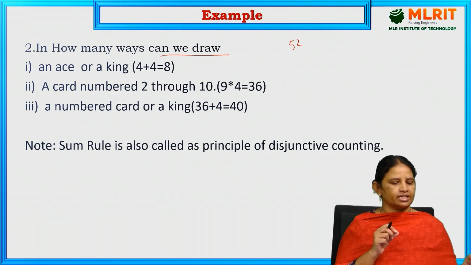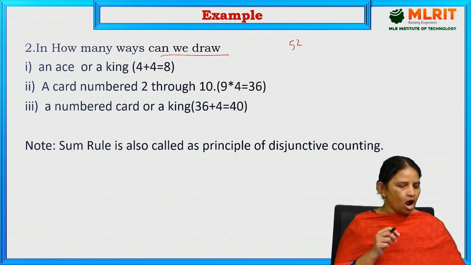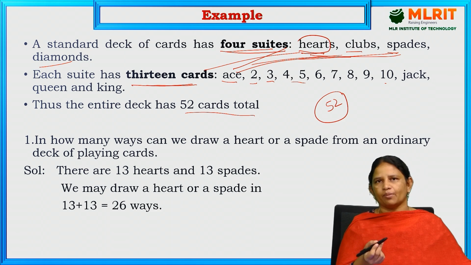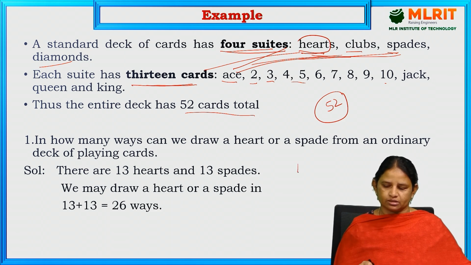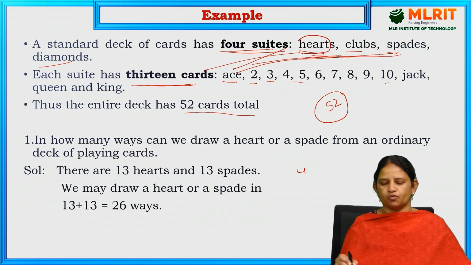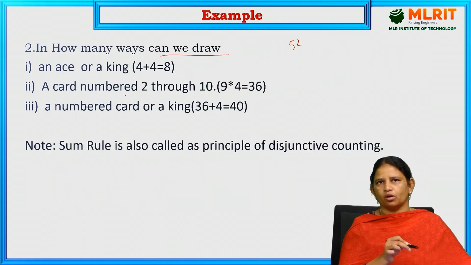In how many ways can we draw an ace or king? How many aces are there? In hearts, an ace is there. In clubs, an ace is there. In spades, an ace is there. In diamonds also an ace is there. There are 4 ways. Next, how many kings are there? Kings are also 4, one king in each suit.